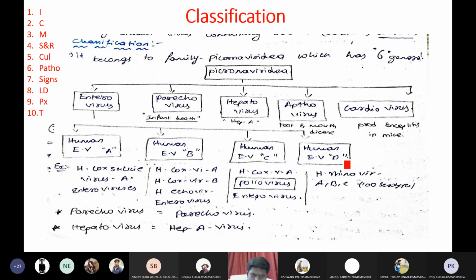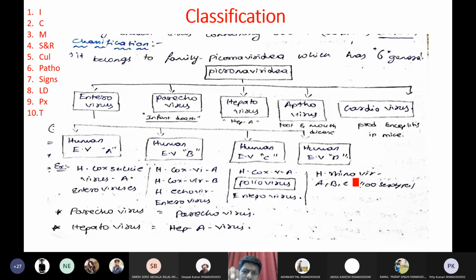Now, all these enteroviruses can contaminate society. They enter into our body by food, and they exit our body by fecal material.